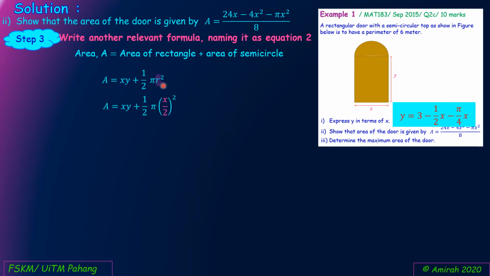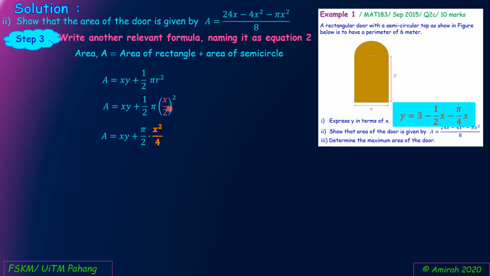Then we replace r equals x over 2. This comes from the previous slide: r equals x over 2 because the diameter of the circle equals x, so the radius equals x divided by 2. We replace it here because we want the area in terms of x.